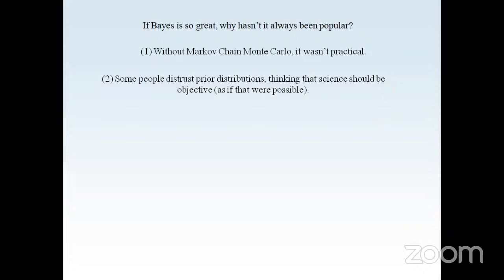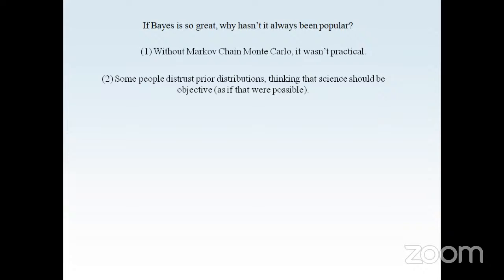Okay, if Bayes is so great, why is it not popular? Initially it was without this Markov chain Monte Carlo, and hence it was not made practical. But now it is actually used with Markov chain Monte Carlo.